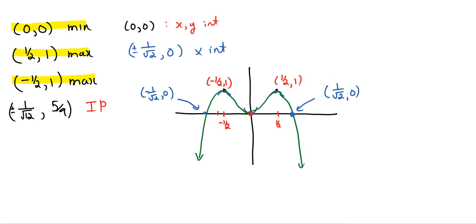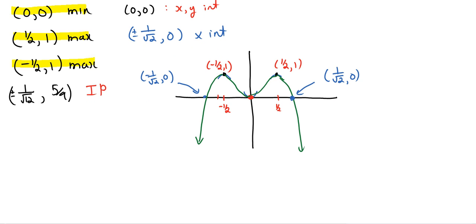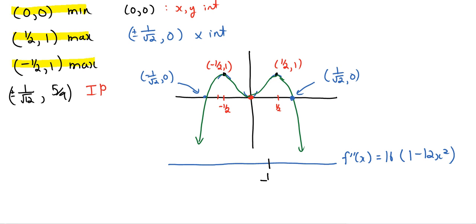The last thing I'm going to do is check my intervals of concavity by drawing a number line underneath my sketch here. So here's my second derivative, and that's going to equal 16 bracket 1 minus 12x squared. That was my second derivative after factoring, and the x-coordinates of my inflection points were 1 over root 12 and negative 1 over root 12.